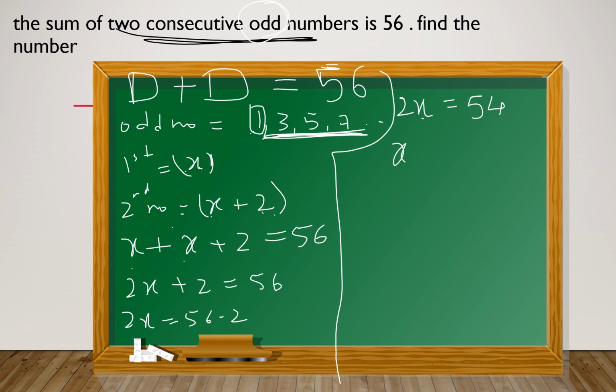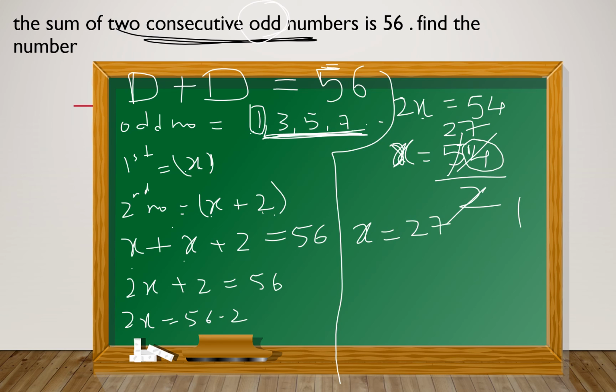Now x equal to 54 by 2, transposing 2 to the RHS. Now we'll do the division: 2 ones are 2, less than 5 in the 2 table, 2 twos are 4, 5 minus 4 is 1, 1 carry goes to the next number, so the next number becomes 14. 2 sevens are 14. So the value of x equal to 27.